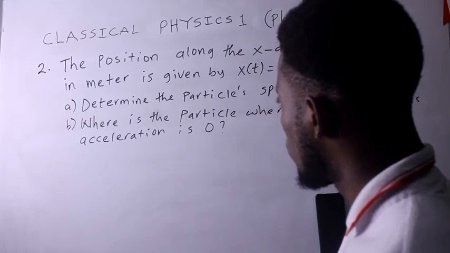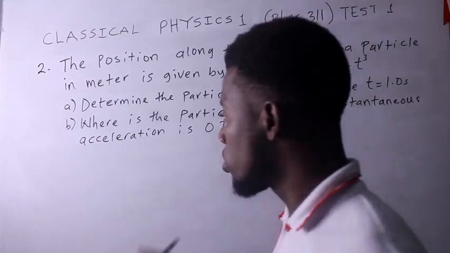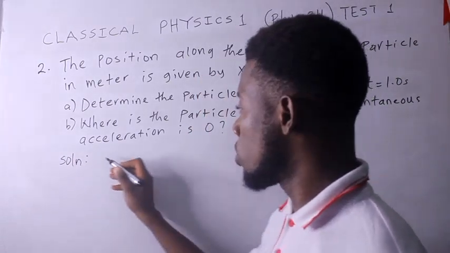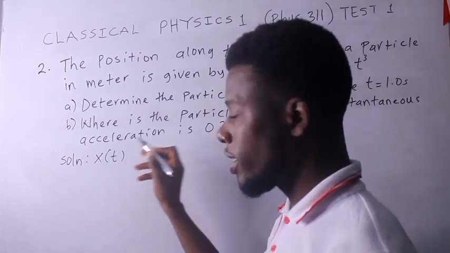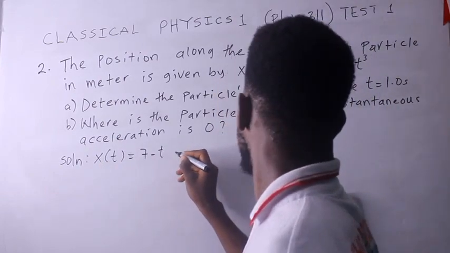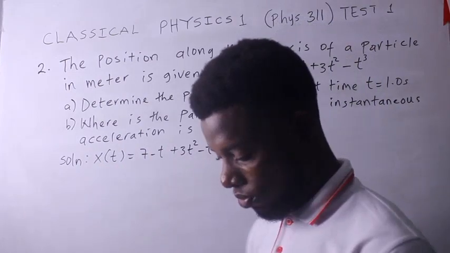Great. So we want to determine the particle speed at time t equals 1.0 seconds, given that the position function of the particle is x of t equals 7 minus t plus 3t squared minus t cubed.